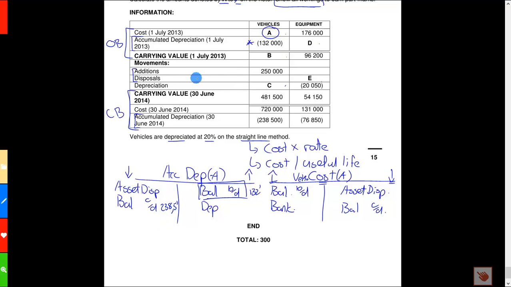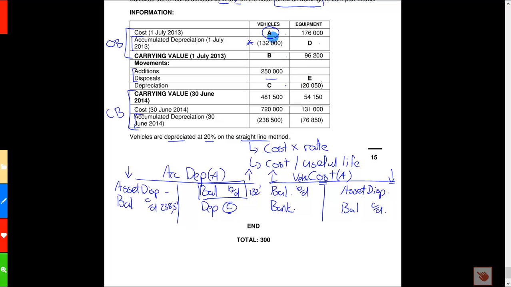Asset disposal, we didn't dispose of any vehicles, that's why that one is blank. We do not know the depreciation, that is amount number C. We can easily calculate it because it's the only missing amount, so we know how to calculate amount C, but we're not there yet.